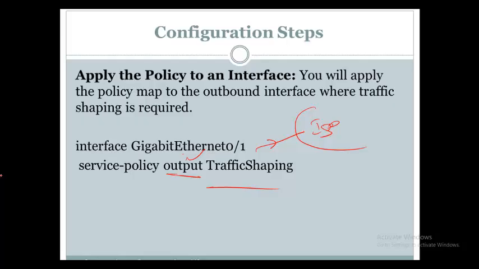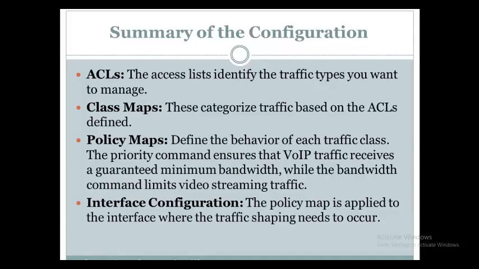Priority queue plus weighted fair queue is what is called low latency queuing. This one. I think I have to put this for another day. Just one more day, we will finish this. I want you to go through this.